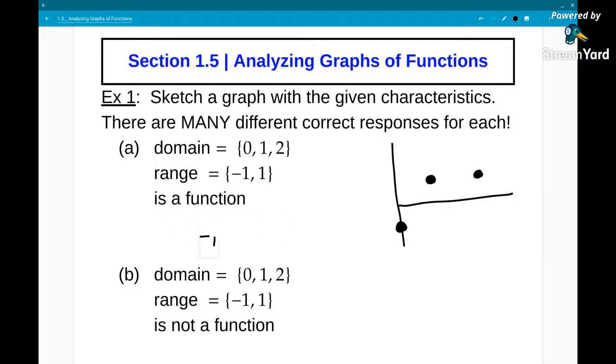Okay. So just to reemphasize, if you think about the x coordinates, we have 0, we have 1, we have 2. Oops, I don't know why I put a comma there. And that's the domain. The domain is the set of possible x's. The range are all your outputs.